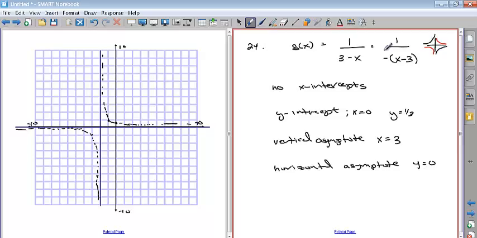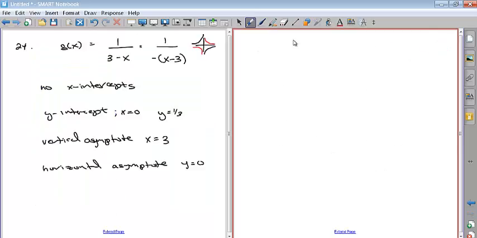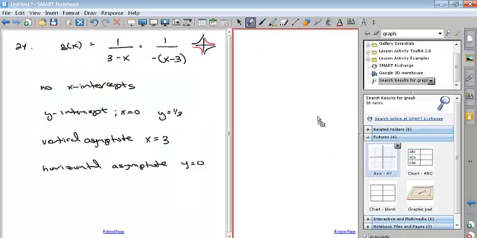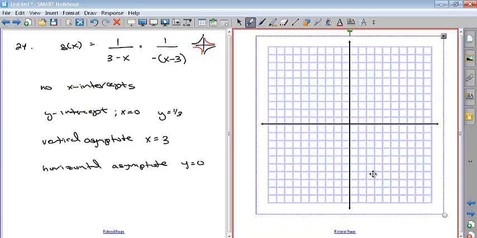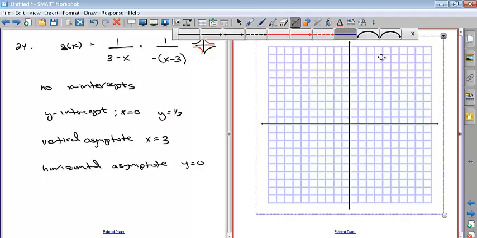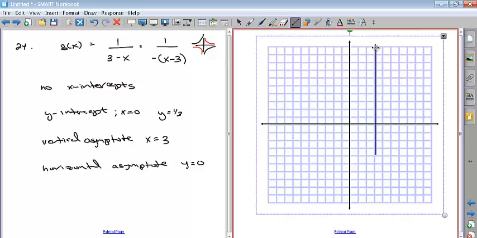Okay, so let's see if we can use that information to sketch this thing. So we have no x-intercept, so we have a y-intercept 1/3, which is going to be right there. We have a vertical asymptote at 3. We have a horizontal asymptote of 0. And you can see that this point, the location of this point, shows you that this has to happen.